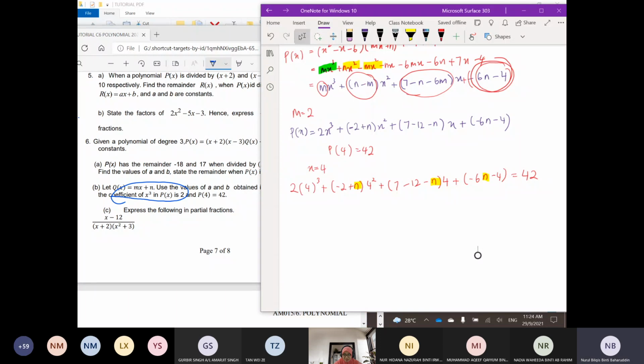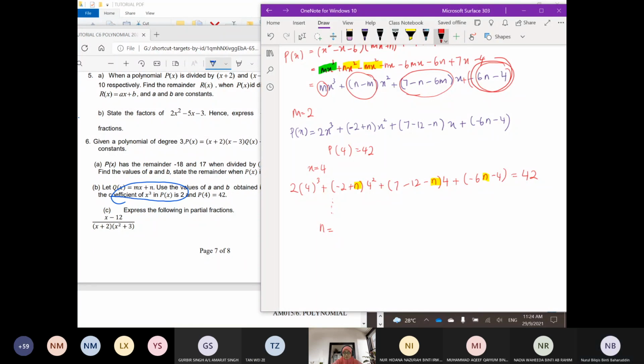So m equals to 2, and then try to simplify all these terms and you will get n equals to what? Class, anybody who got the answer?